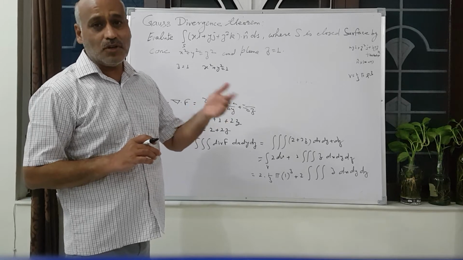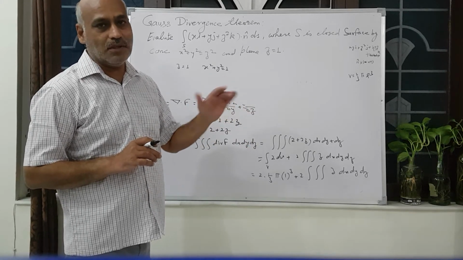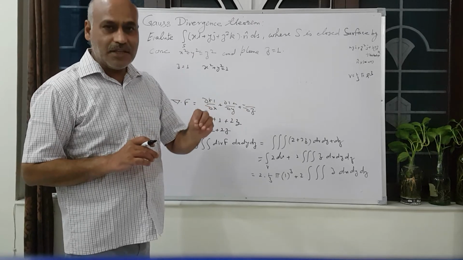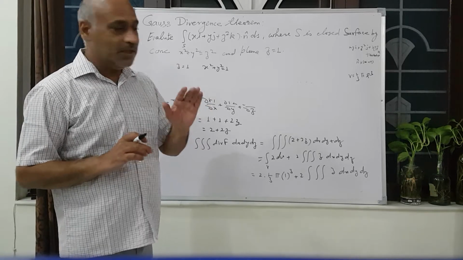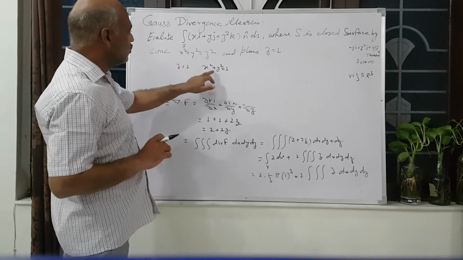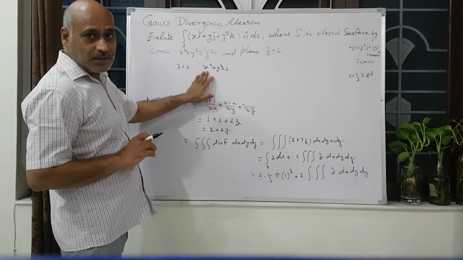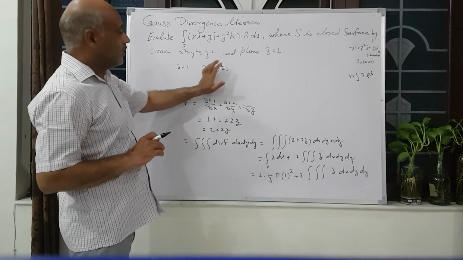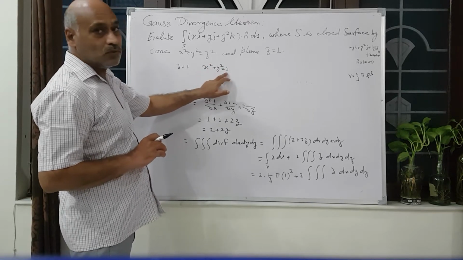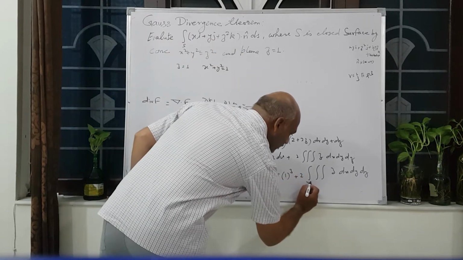The limit of y is in terms of x, and the limit of z is in terms of x and y. So the limit of x remains constant, meaning y and z are 0. Here we put y as 0, so x square is equal to 1. So the limit of x is minus 1 to 1.